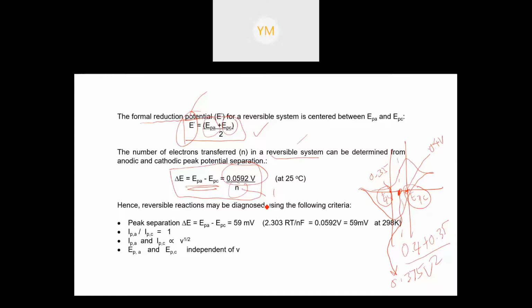Besides that, it is similar. The ratio: this axis is I, current. So this is cathodic, so this is IPC, from the baseline to the top peak. You should measure the length from 0 to the peak, as well as the bottom peak.